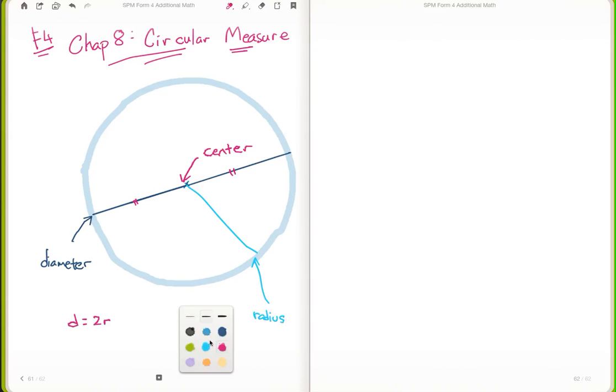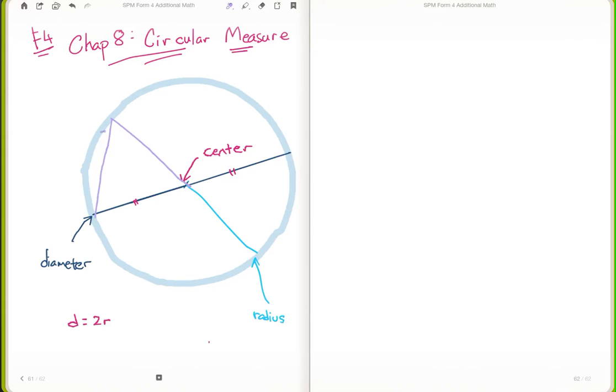Now next, they are going to have something called a segment. A segment, or in BM, is called temberang. Segment would simply be the area over, say I have a line, radius, and connected to here.